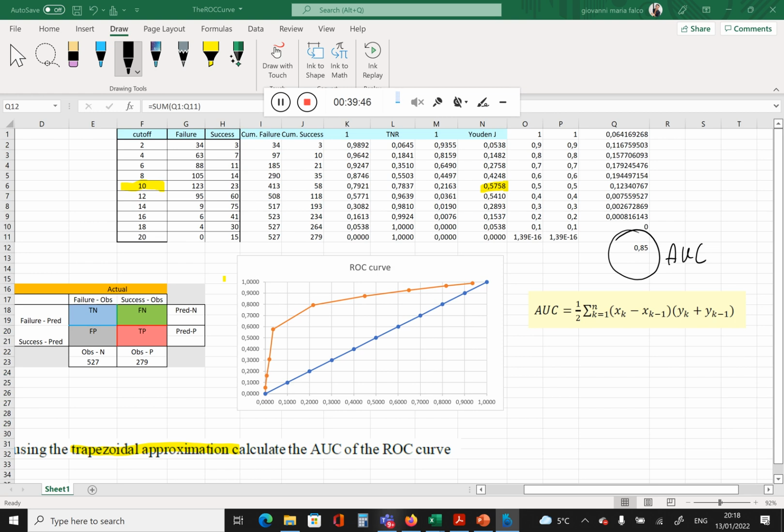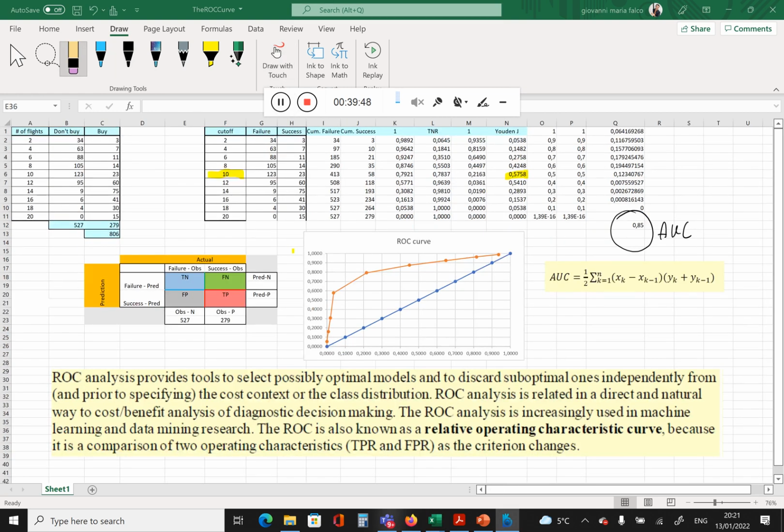Okay, so in conclusion, you see that ROC analysis provides basically a tool to evaluate your testing method or testing model before you actually introduce a cutoff, so before making assumptions about the class distribution or the cost context.